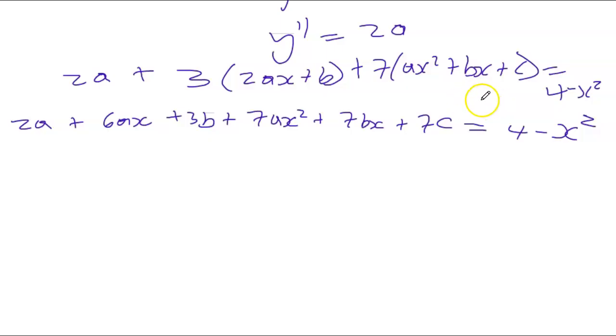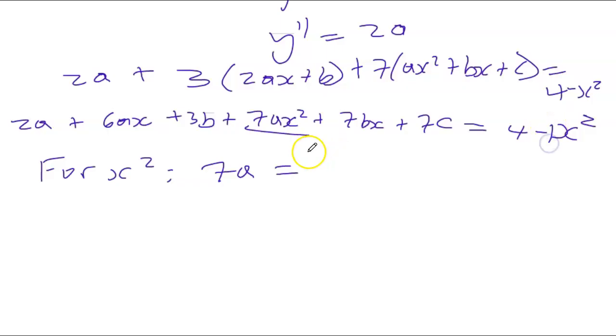So let's equate coefficients now. For the x squared terms, on the left hand side the x squared coefficient is 7a. On the right hand side, the x squared coefficient is negative 1. So divide both sides by 7. a is equal to negative 1 over 7.